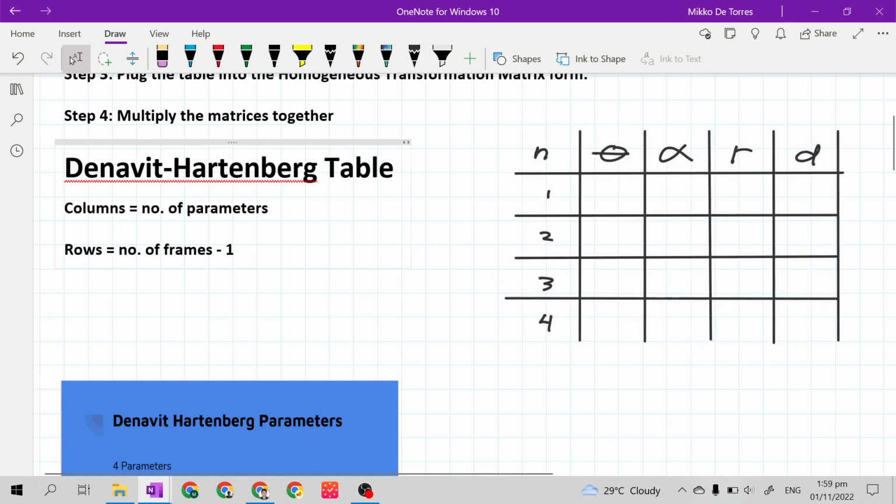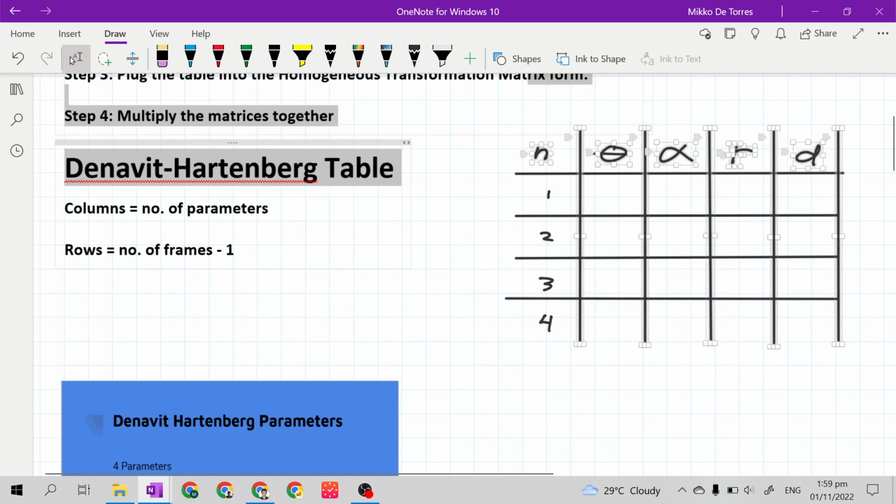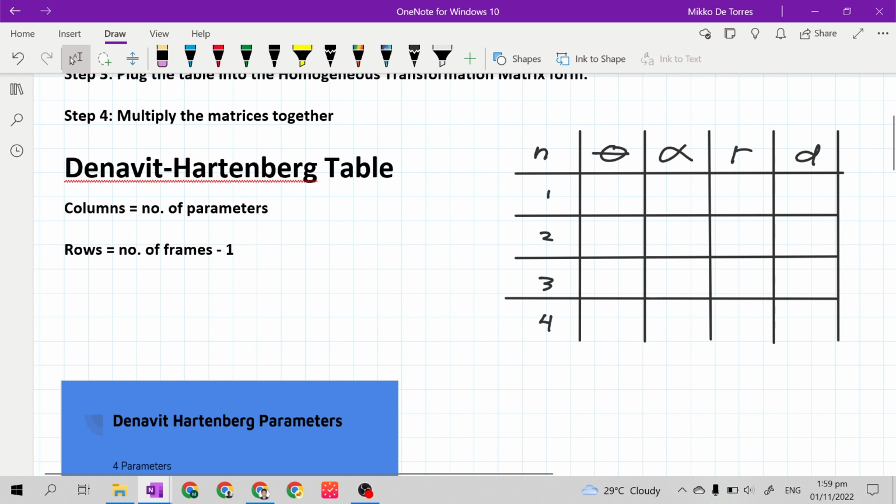The columns are the parameters, where the parameters are located. The 4 parameters are theta, alpha, r, and d, while n is not a parameter. N is just a description of the number of frames for each row. The number of rows is equal to the number of frames minus 1.